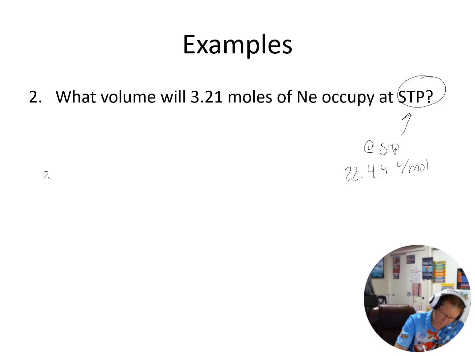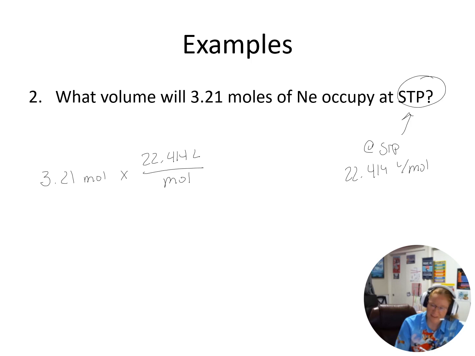What if I did 3.21 moles times 22.414 liters per mole? So when you're at STP, you don't have to solve the PV equals nRT if you're just going between moles and liters. You can do it this way, and you'd get 72.0 liters. So it works out really nicely there. Okay? All right, and so that is using our PV equals nRT.